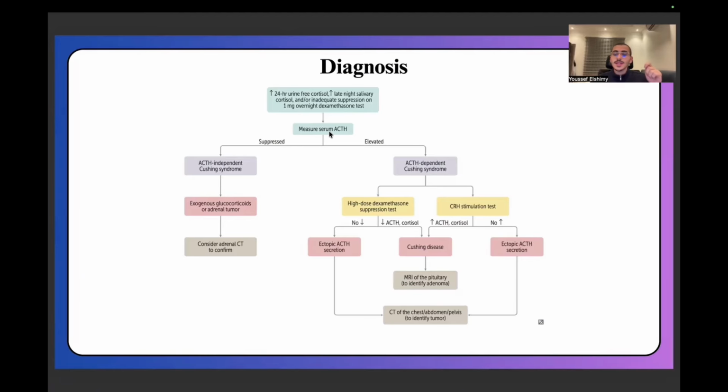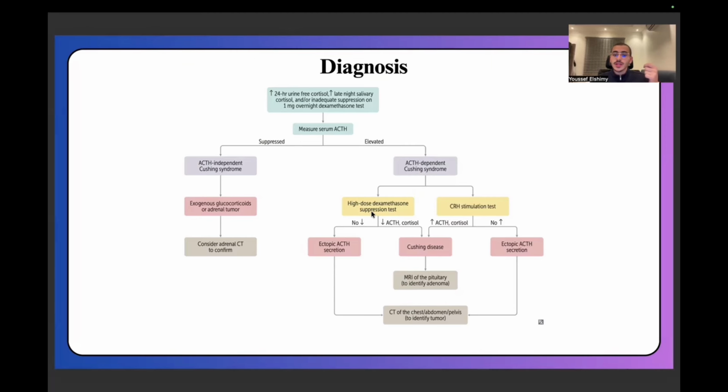In case the ACTH is still high, it means that the ACTH has a role in increasing cortisol. So when do we see this? Whenever there's a pituitary adenoma that keeps on secreting ACTH, or there is an ectopic tumor that keeps on secreting ACTH. How do we differentiate? Then we move on to a high dose dexamethasone suppression test.